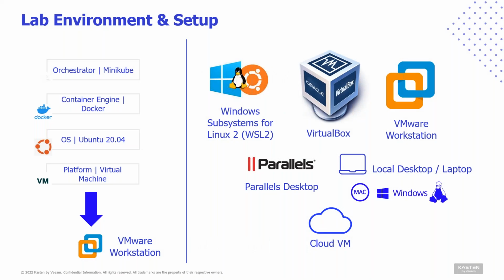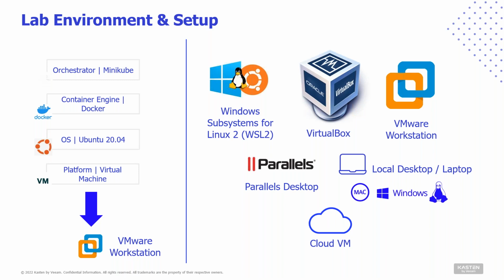In today's session, we are going to illustrate how to deploy a Minikube cluster running on a local machine. In today's lab, I'll be using VMware Workstation installed on my laptop. After which, I am going to deploy the container engine, which will be Docker in this case.